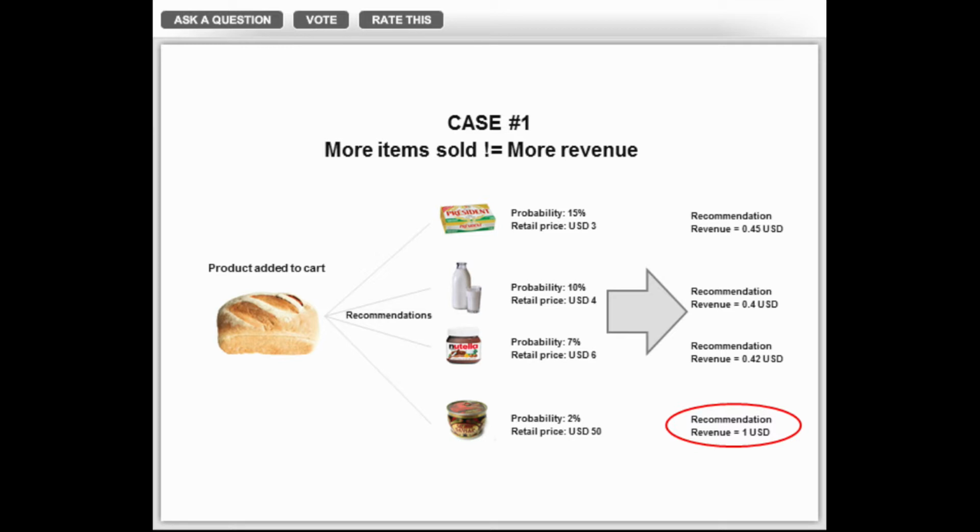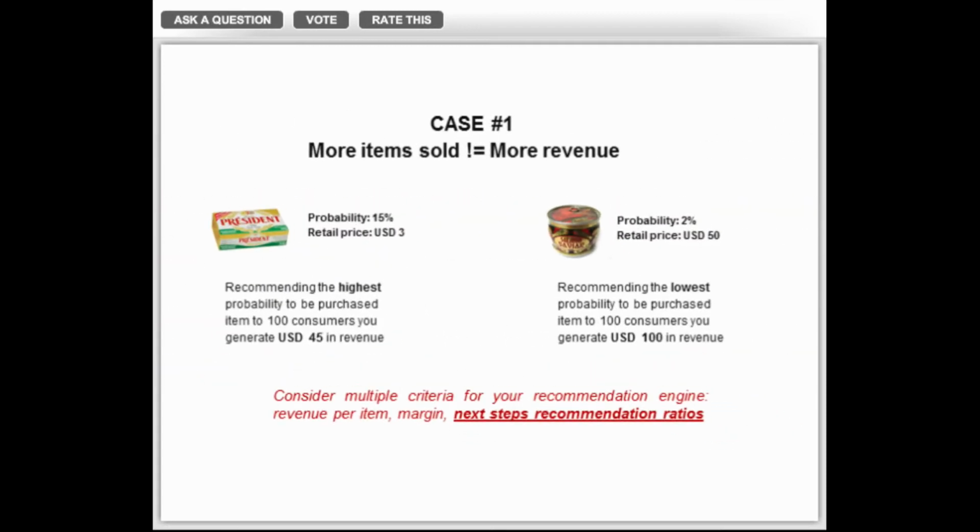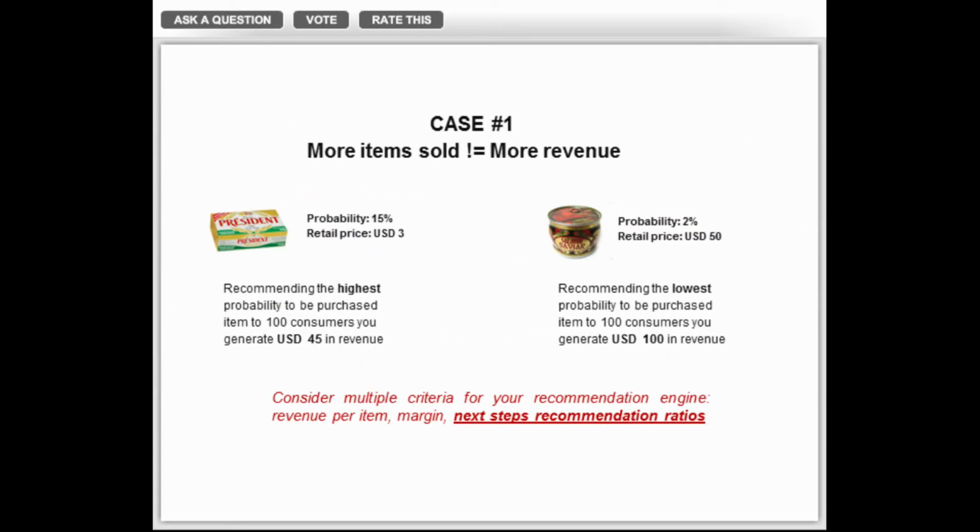However, the price is the lowest, while the probability of purchasing the caviar is the lowest and, vice versa, the price is the highest. So what happens? You can recommend the item that would be purchased most probably. But if you look attentively, you would see that for every 100 recommendations of butter, you would generate $45 in revenue, and for every 100 recommendations of caviar, you would generate $100 in revenue.